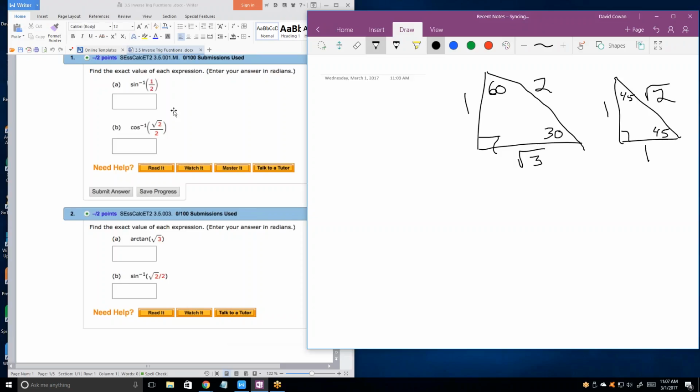In other words, if I said to you, what's the sine of 60 degrees? What is it? √3/2. Okay. What's the sine of 30 degrees? 1/2. So what's the answer to this problem?